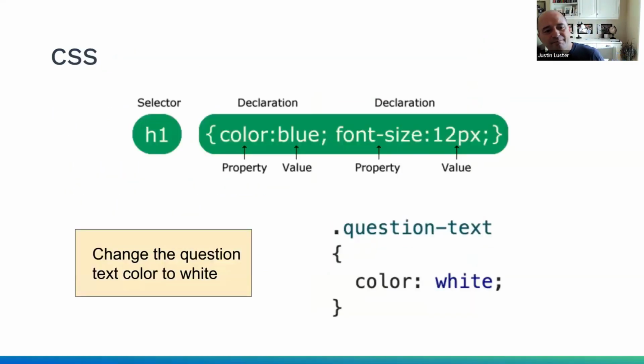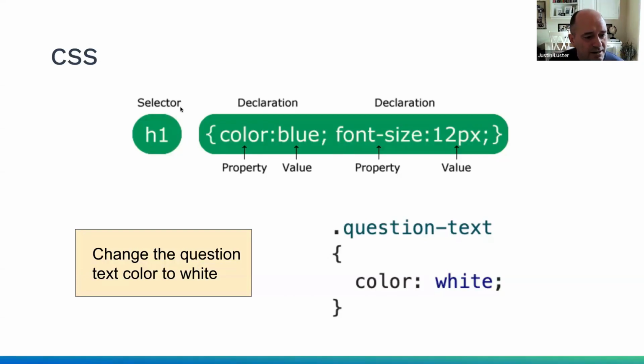Okay, so the basics of CSS are that you, one, have a selector, and then inside curly braces you define different properties and values for those properties, and you can do multiple of these separated by semicolons. So for example, there is an HTML tag called an H1.